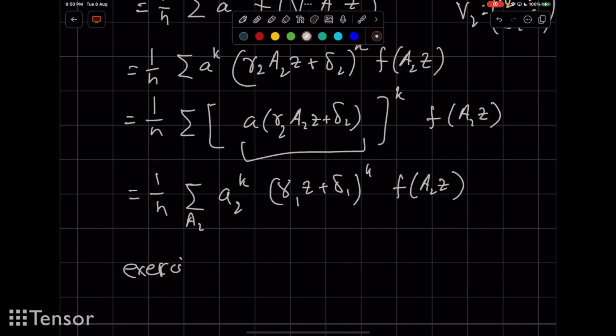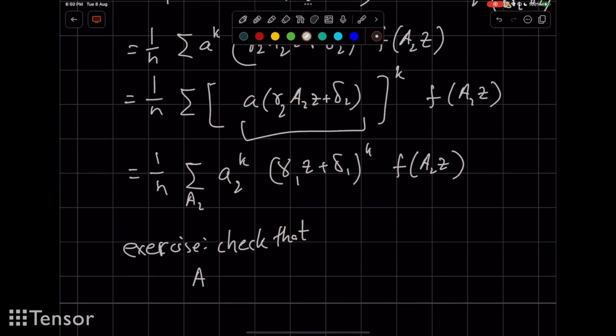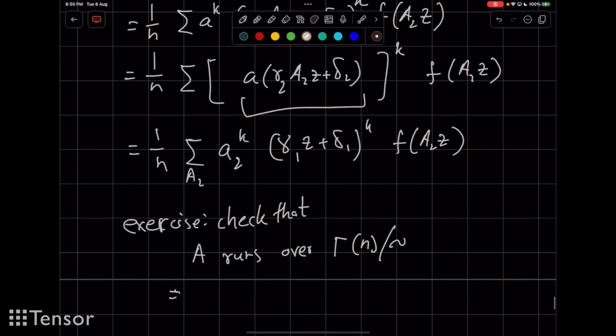Exercise: check that A runs over Gamma of n modded out by the equivalence relation if and only if A2 does. Okay, you need to check this.